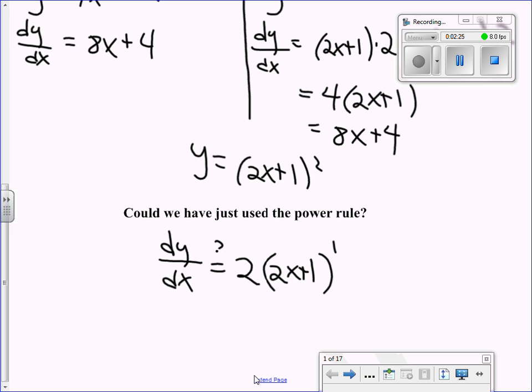So we just ignore the inside function. The only problem is this is only 4x plus 2. It's not quite right. Think about what we would have to multiply it by to get the real derivative. We're off by a factor of 2. We would have to multiply this by 2. If we did that, we would have the right derivative.